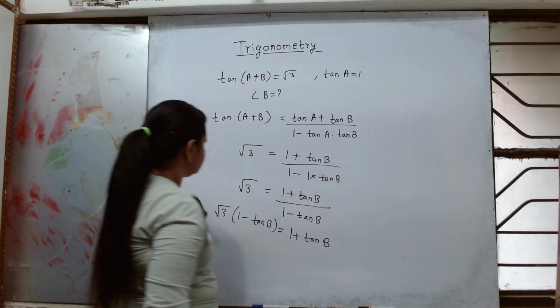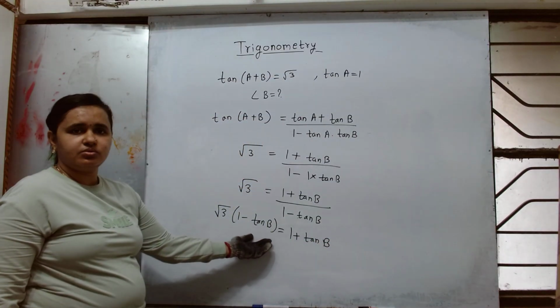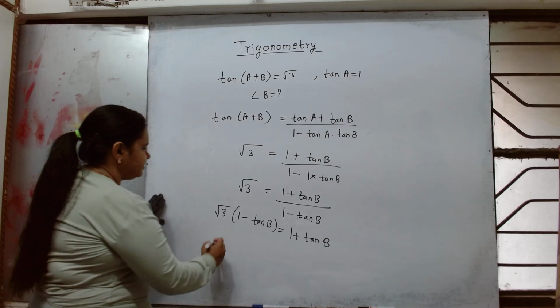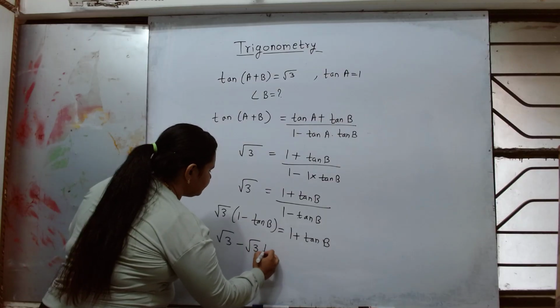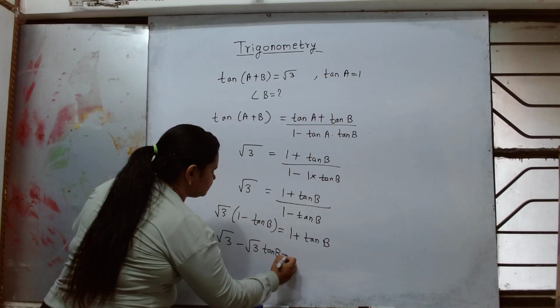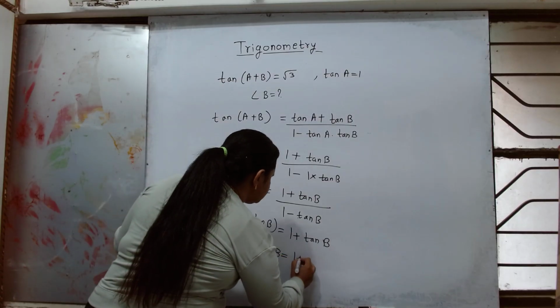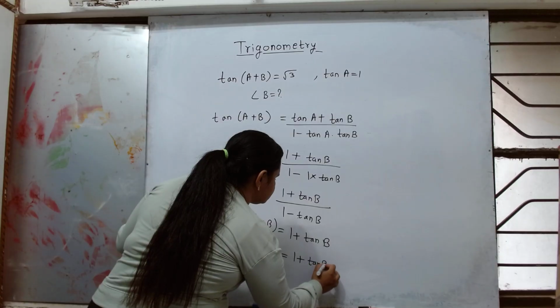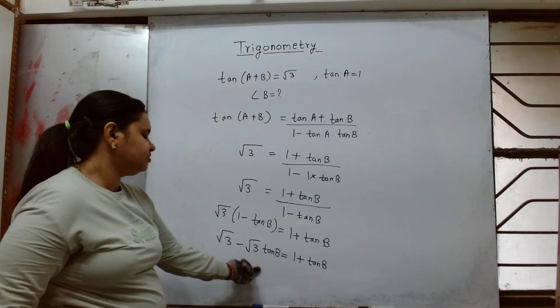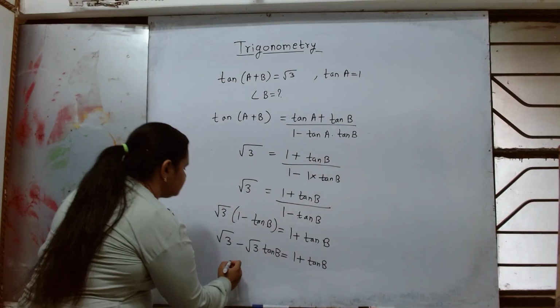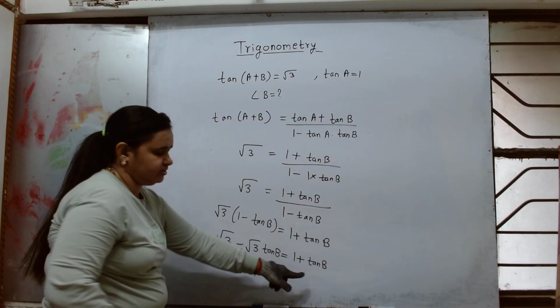Now we will multiply root 3 inside the bracket. It will be root 3 minus root 3 tan B is equal to 1 plus tan B. Now put this root 3 tan B to this side and 1 to this side.